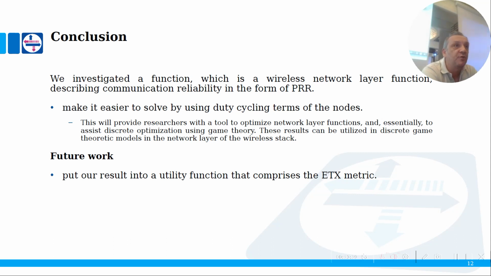Our future work is to put our results in the utility function that comprises the ETX metric. The ETX is the expected transmission count, which is 1 divided by PRR forward times PRR backwards. It's a very important metric in wireless networks.